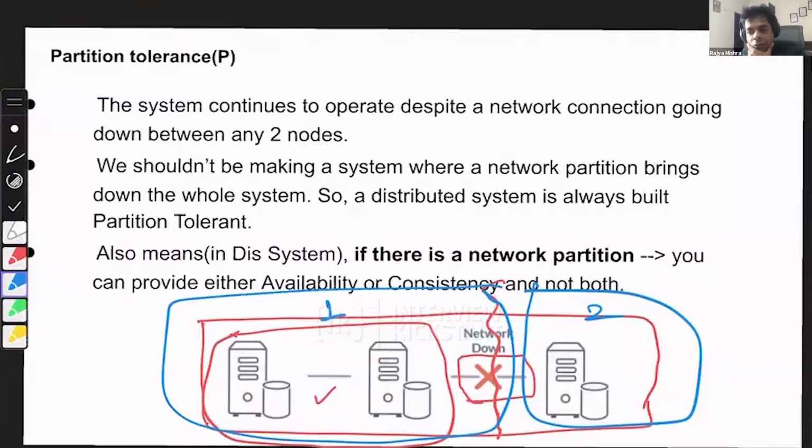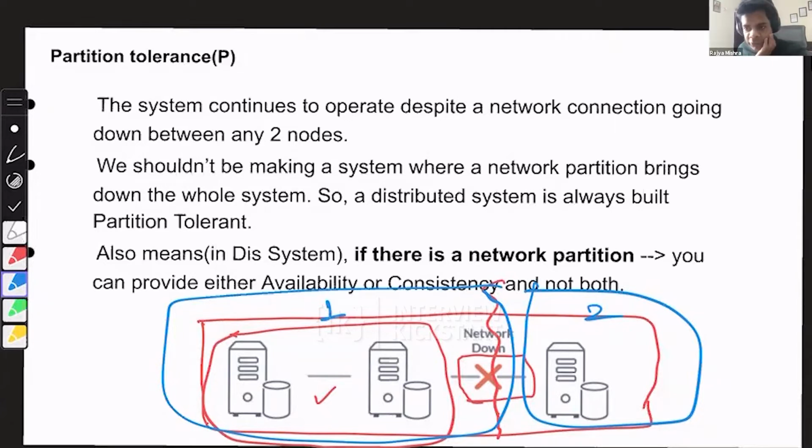We all know that networks are highly unreliable. There are a lot of weird cases. There was a weird case when an actual white shark ate the fiber optics inside the ocean, and there was a huge network problem in the coastal areas of Asia. So networks can go down for any kind of weird reason.